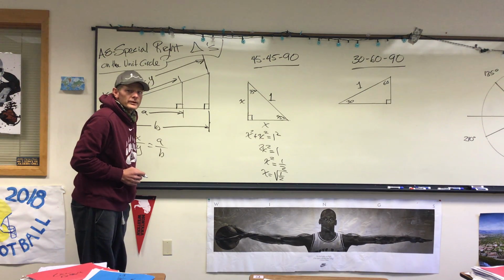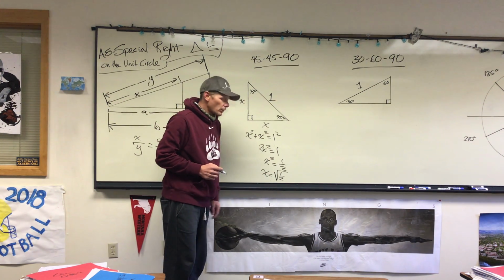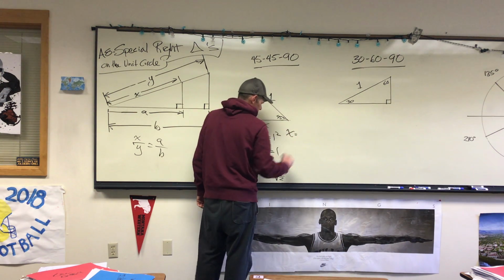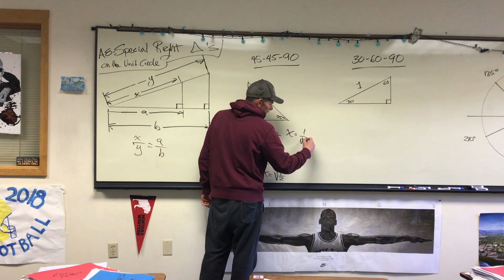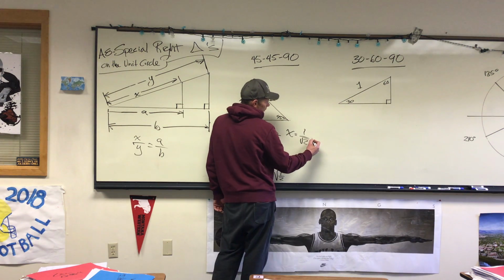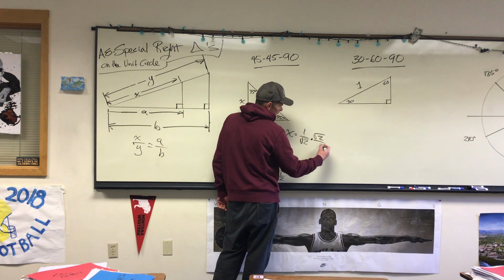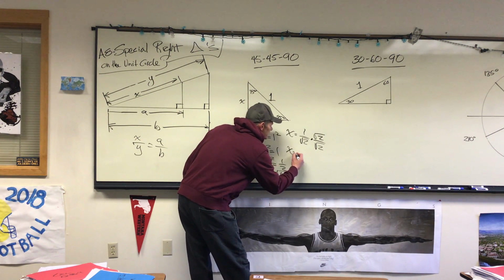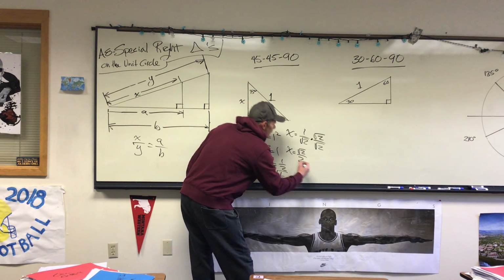Now we have to remember that this is a square root of quotients, which is the same as a quotient of square roots, so we can write it as the square root of 1 over the square root of 2, but then we rationalize the denominator by multiplying by 1, and we get square root of 2 over 2.